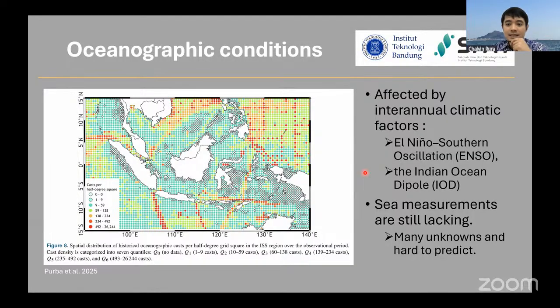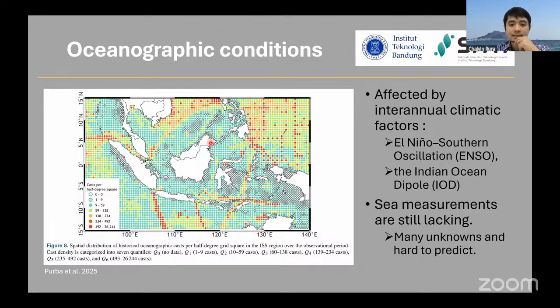However, in terms of the oceanographic conditions, particularly the data, there's still a lack of measurements, because of the large scale of area that we have to encompass. We can see in this picture, taken from Purba et al. 2025, the red dots are where there are a lot of measurements, particularly of water quality, like temperature and salinity.